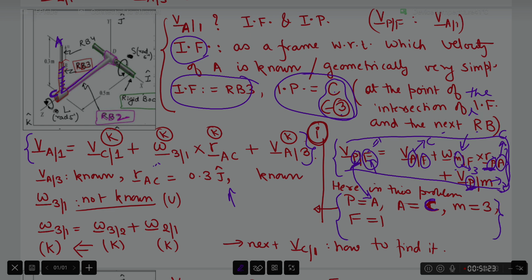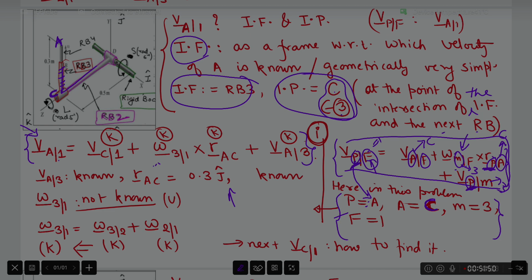So this kind of substitution, or adaptation, needs to be done very carefully. And when you do all those steps carefully, in this context, coming back to this problem, you can write VA1 as VC1 plus omega 3 1 cross RAC plus VA3. This is the expression we have.